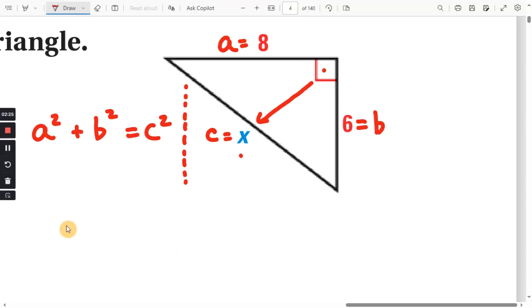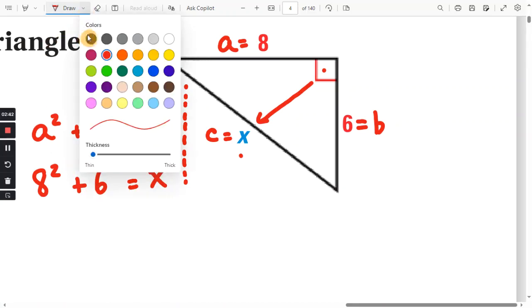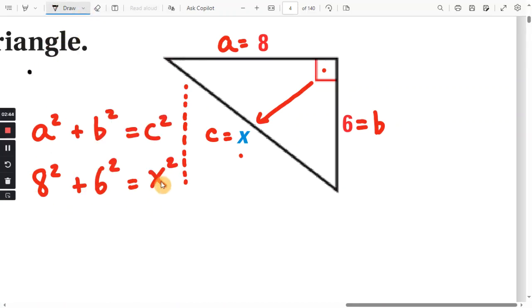And of course, we can use our formula now. A squared is going to be 8 squared. B squared is going to be 6 squared. And c squared is going to be x squared. All right, the opposite of squaring something, the way to undo something squared is to take the square root of both sides.